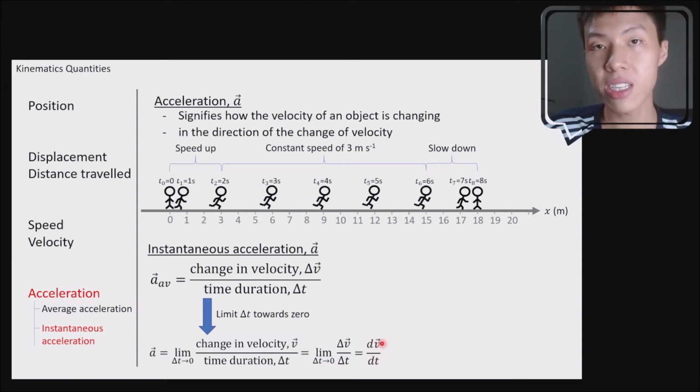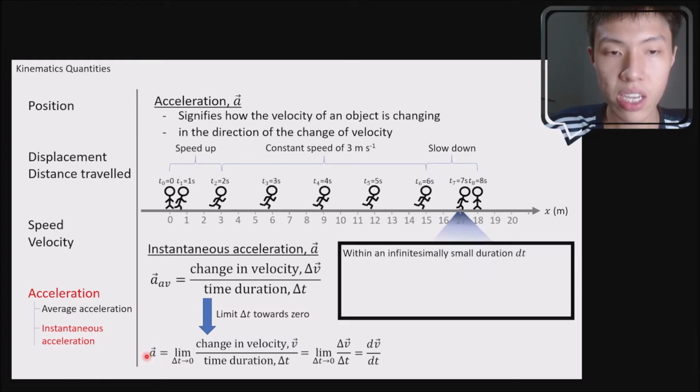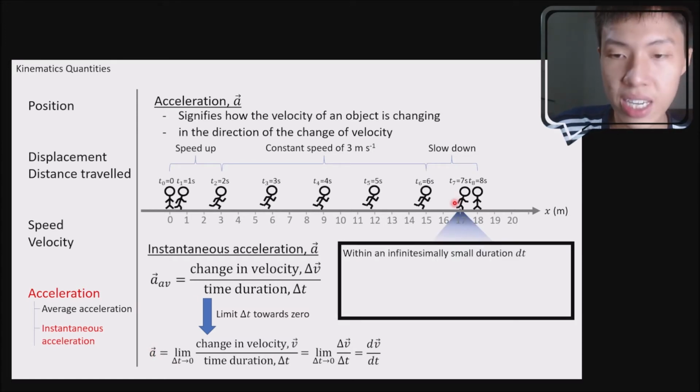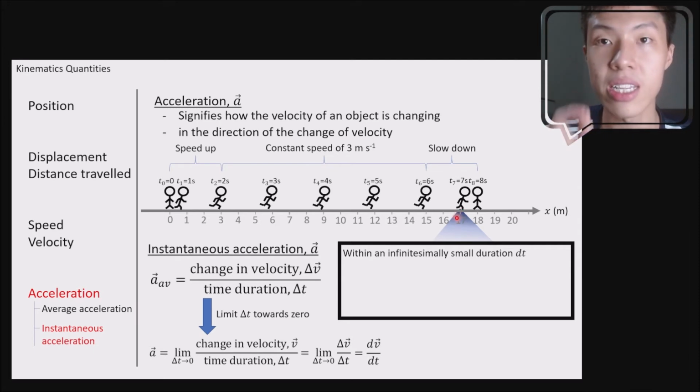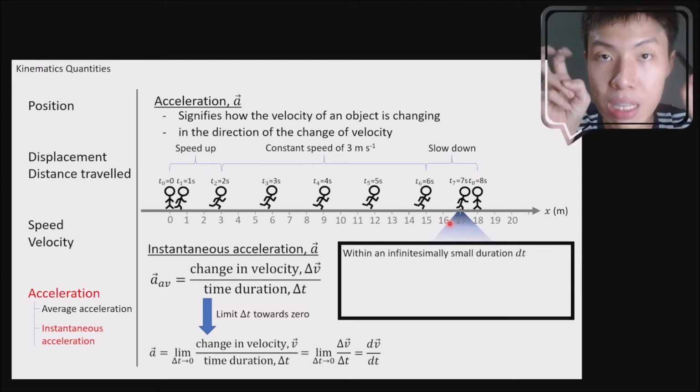Again, this is a vector, so since this is a vector on top, your acceleration here will be a vector as well. Let's say we want to investigate the instantaneous acceleration at time equals 7 seconds. At the 7th moment where the time is 7 seconds, what are we actually doing mathematically?